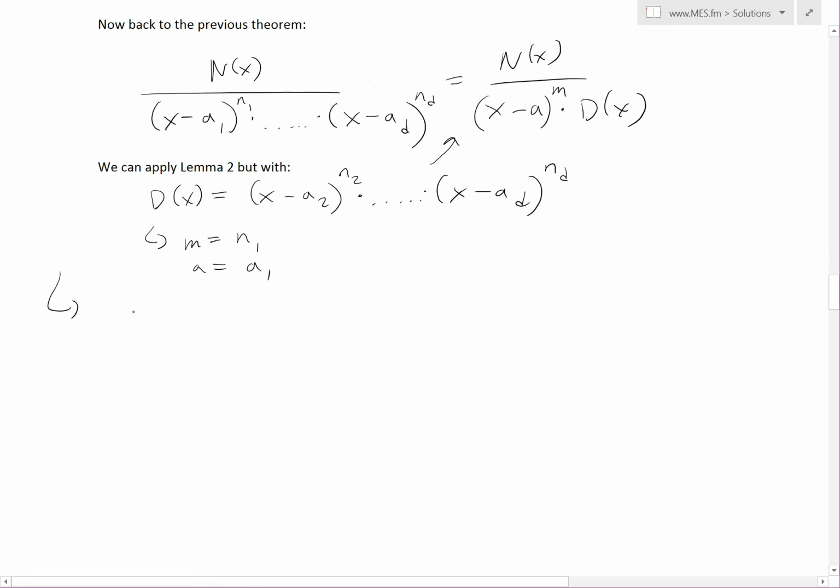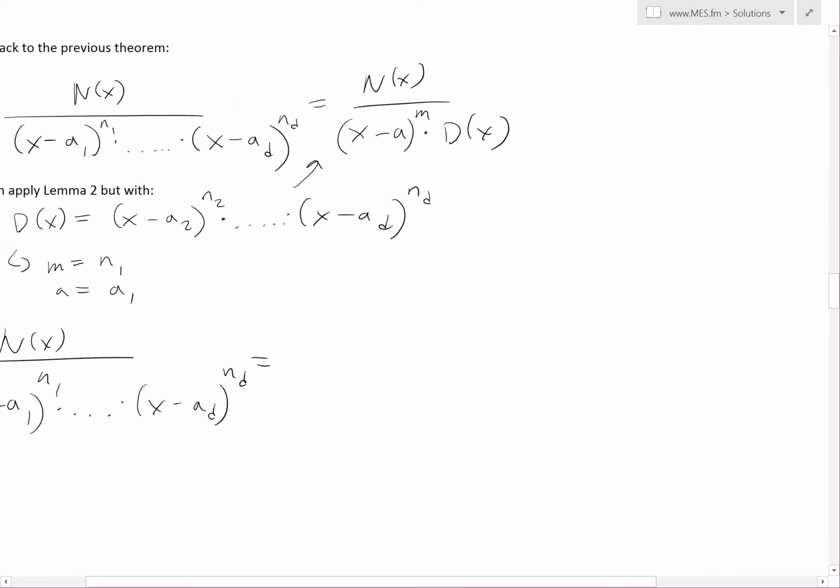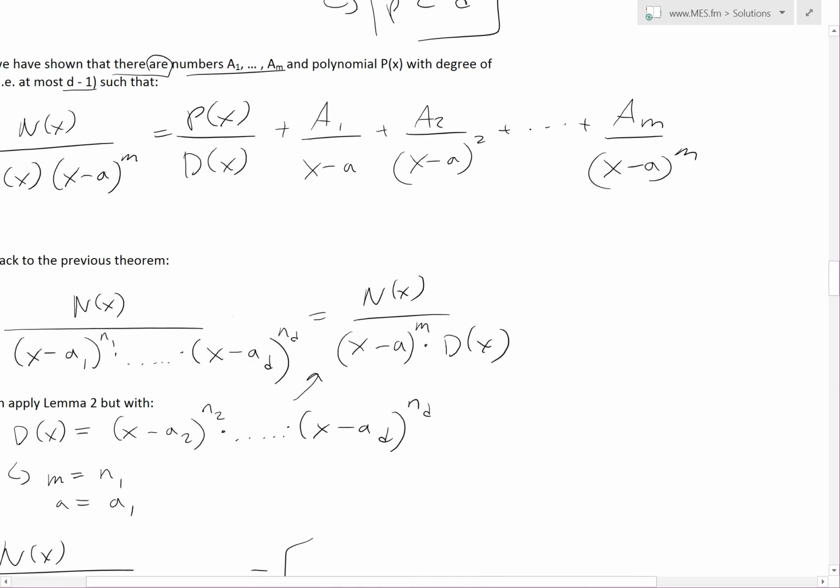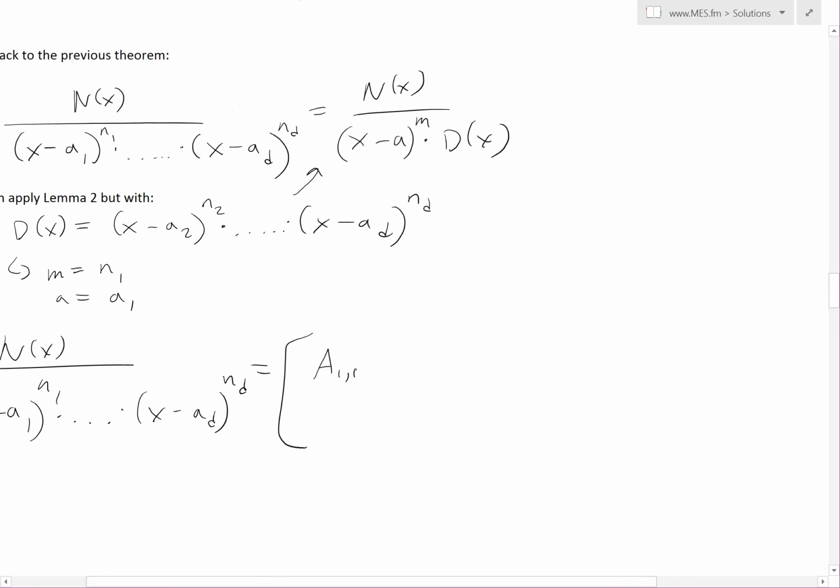So when we do that, we get n of x over x minus a1 to the power of n1 times, keep going on and on, x minus ad to the power of nd. This equals, well, we could separate this entire part from it, which is going to be our a11 over x minus a1, plus, keep going on until we get a1n1 divided by x minus a1 to the power of n1.